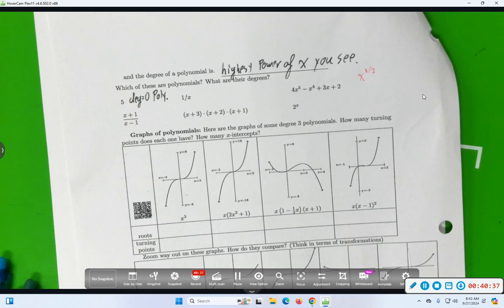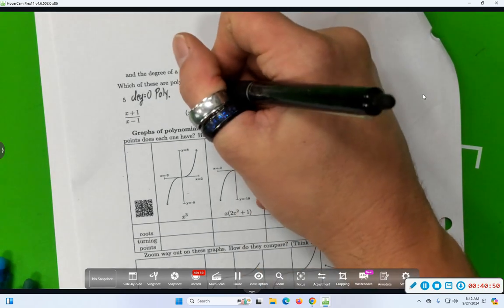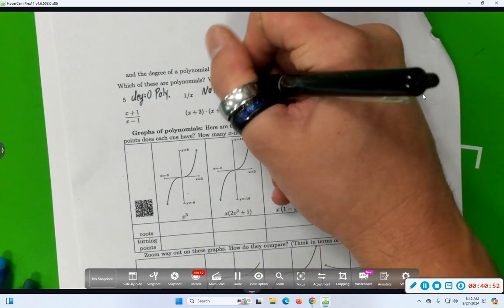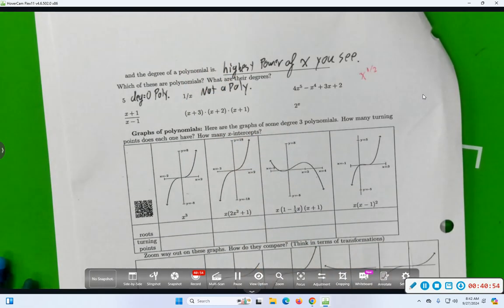That's certainly a good intuition, but a polynomial is only allowed non-negative powers on x. This is still a perfectly good function. It's a different thing than a polynomial. It's what's called a rational function. And we have this distinction because 1 over x will really have some different behaviors from polynomials. Like it'll have some vertical asymptotes.